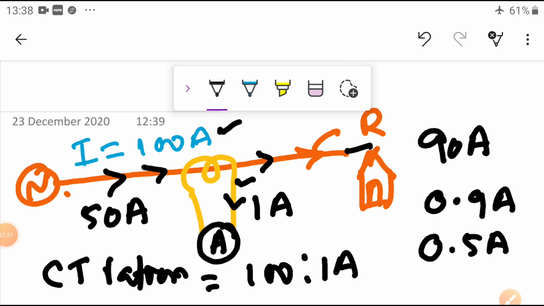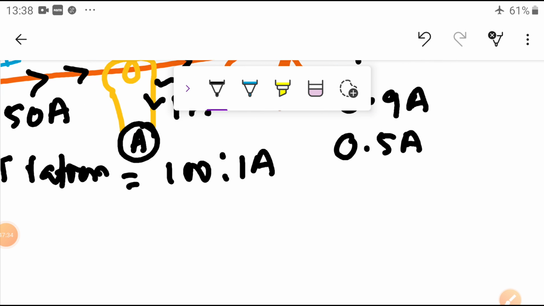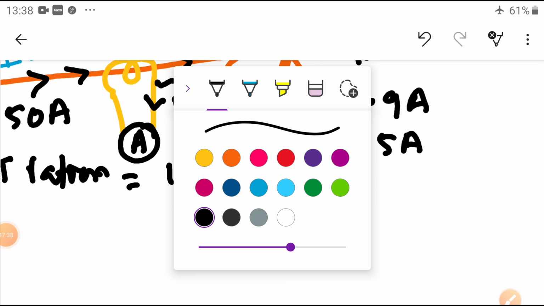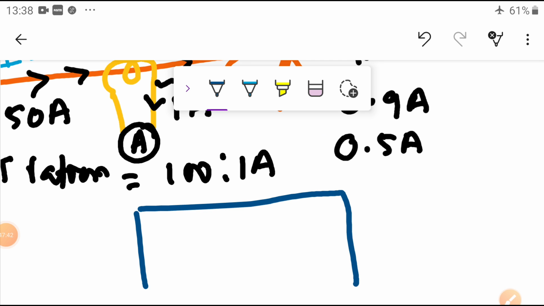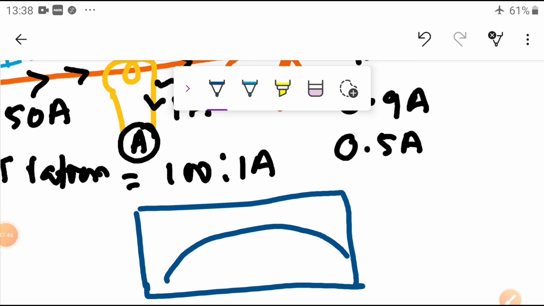Correspondingly, it is calibrated. How does the calibration take place? It is calibrated in such a way that this is the reading here: 0, 1, 2, 3, 4, 5, 6, 7, 8, 9, 10.